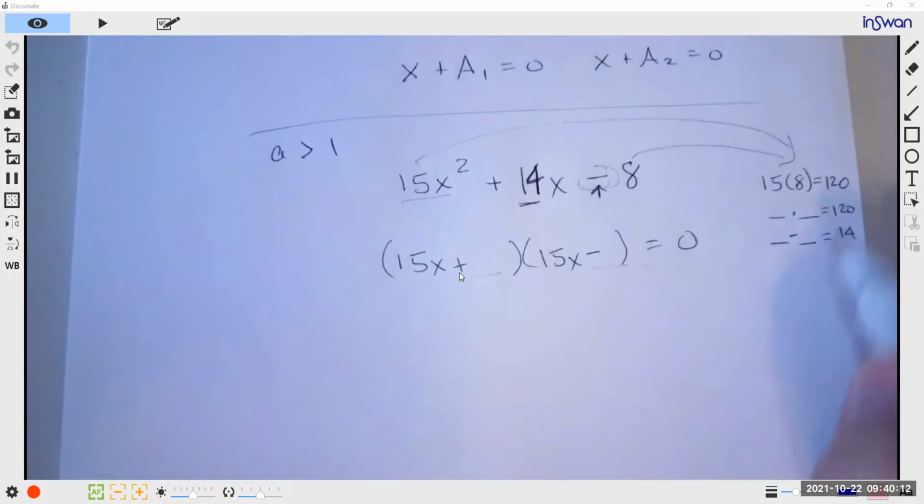So first, break it down. What are all the possible combinations that multiply to equal 120?